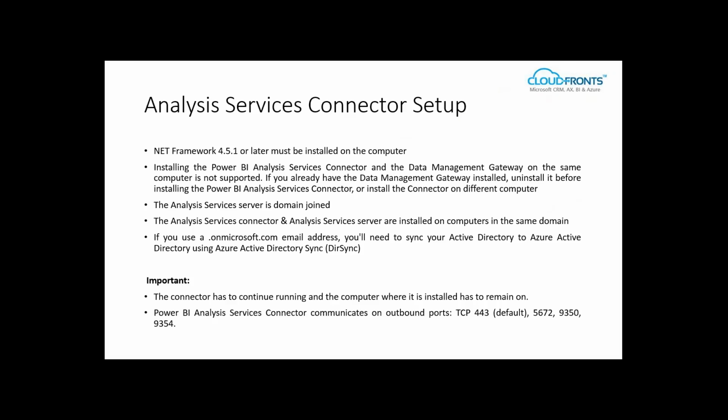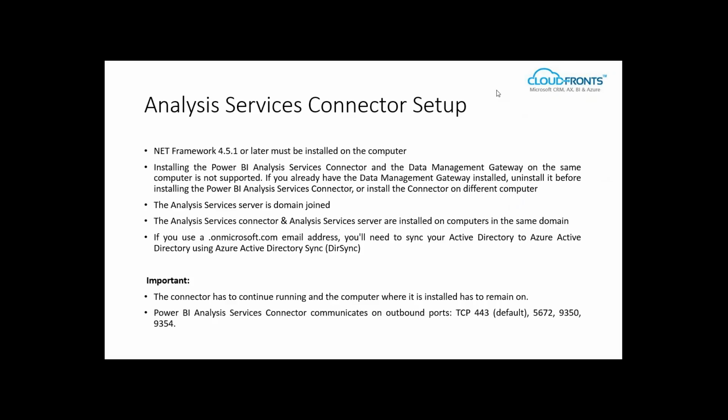We just need to give the credentials of Power BI as well as the on-premises Active Directory. Once the credentials are matched, it will automatically establish the connection between local SQL Server analysis services and the Power BI analysis services connector. Basically, with Power BI analysis services, users in your organization can now see your on-premises SQL Server analysis services data and metrics in a whole new way.